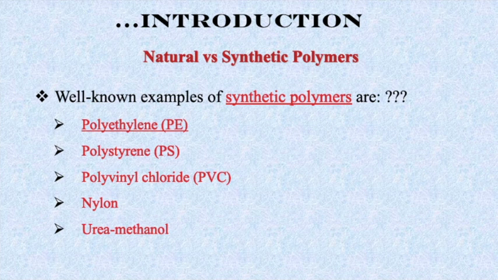The common ones that you might recognize instantly would be polyethylene, polystyrene, polyvinyl chloride, and there could be more than this, but just to give you an indication of the variety that you have in the synthetic polymers. We're going to look into more details when it comes to this variety.